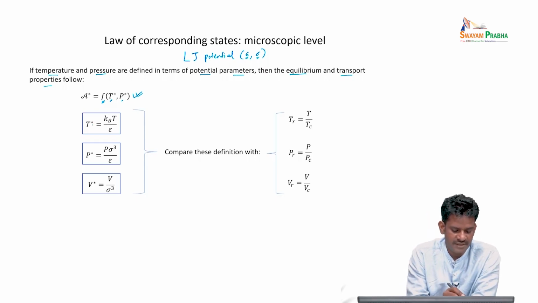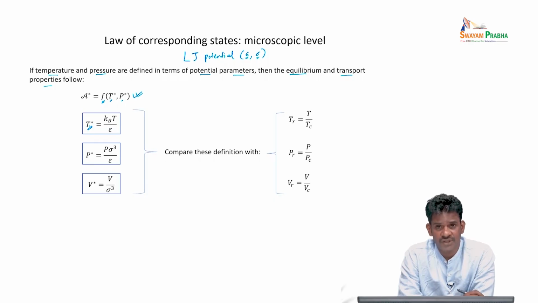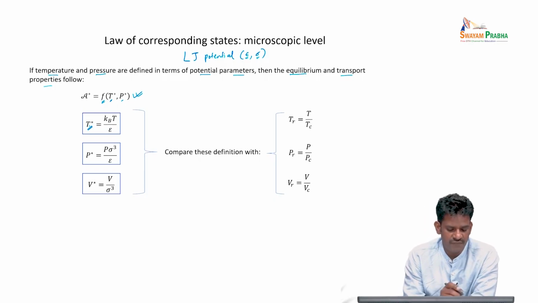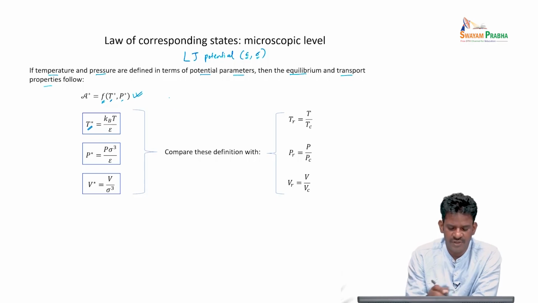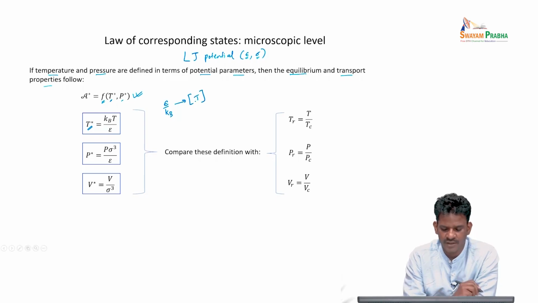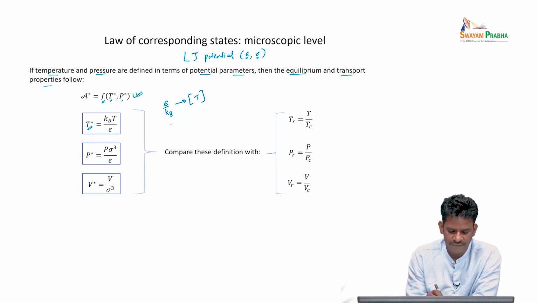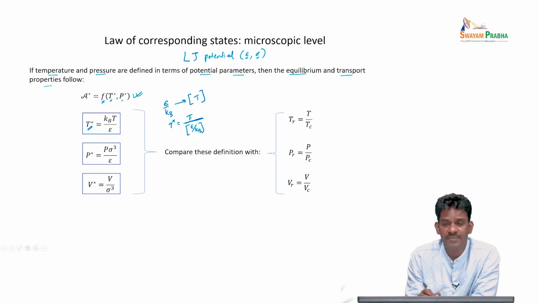In this limit, we can think about reducing temperature with epsilon by kB. You might recall that epsilon by kB is in units of temperature. Therefore, we can define our reduced temperature as the actual temperature divided by epsilon by kB, which is non-dimensional.